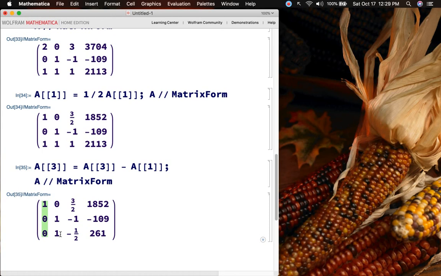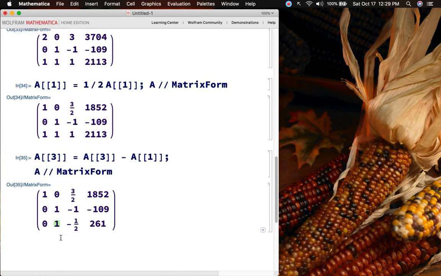Now I have to look at the second column. Well, there's a 1 here in the second row, second column, and that's good. There should be a 0 right here below that 1. So in each column, you're going to have a 1, and all the other entries are going to be 0. So first row, first column, a 1.